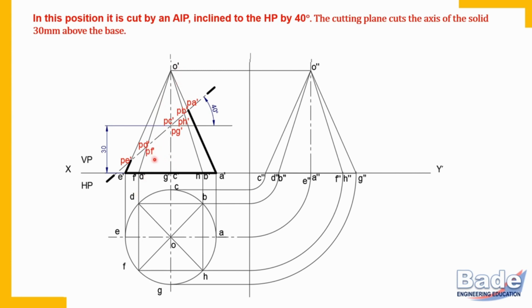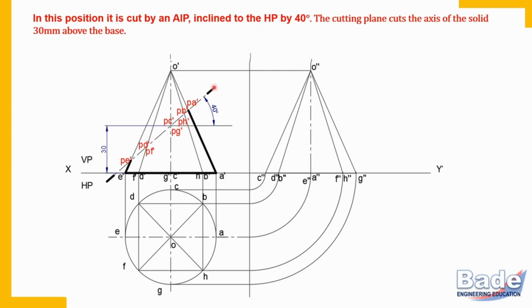So PD and PF are on generators OD and OF respectively, and at the boundary generator OE, PE is on generator OE. Now remember, when the cutting plane intersects a sharp edge of an object, a corner of the section gets created. In case of cones, these P points are not sharp corners.